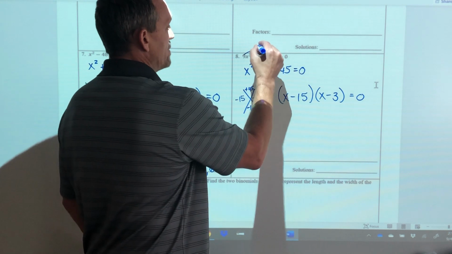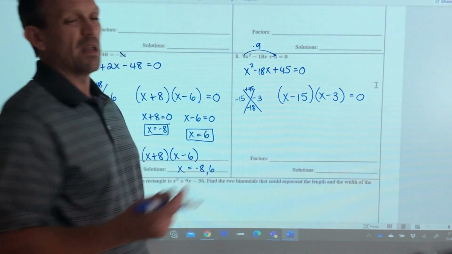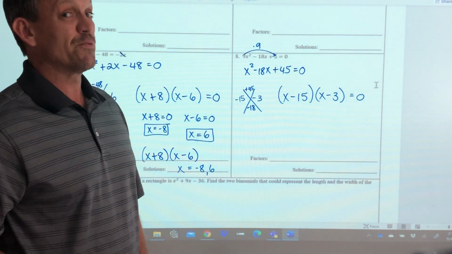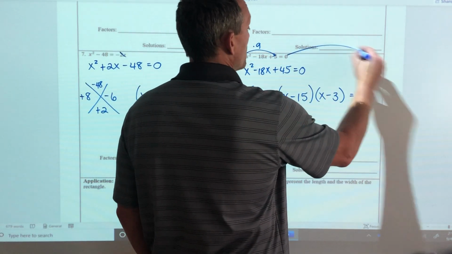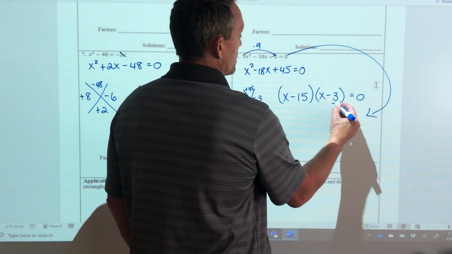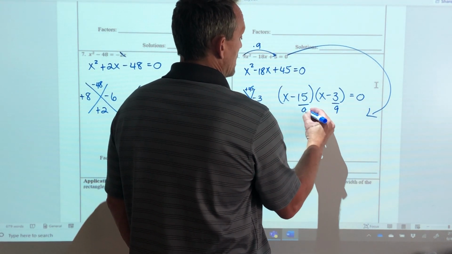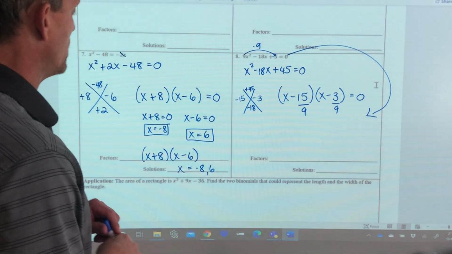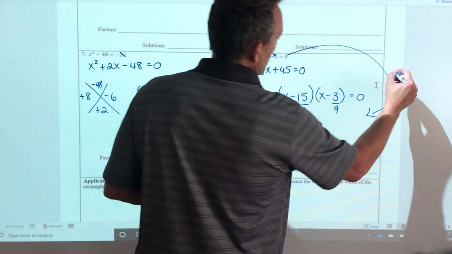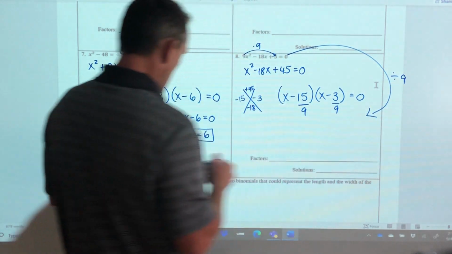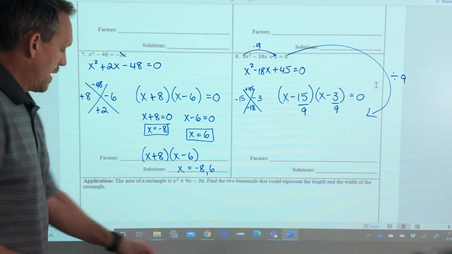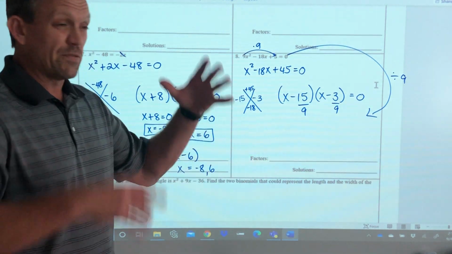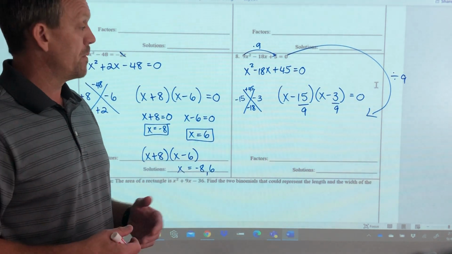See this loop I do up here? That loop a lot of times tells me to not forget I got another loop. So this is 9 and 9. Here's where this gets tricky, and I'm glad this problem is here. Divide by 9, by the way. All the other ones simplified out to a whole number or something.